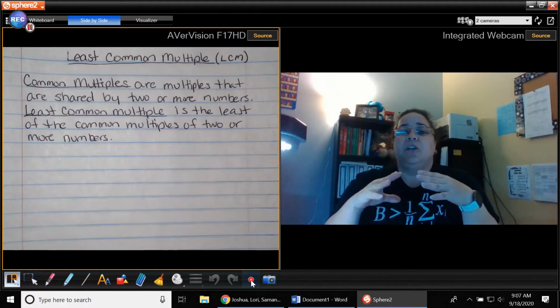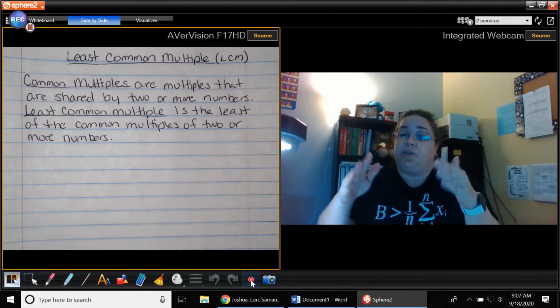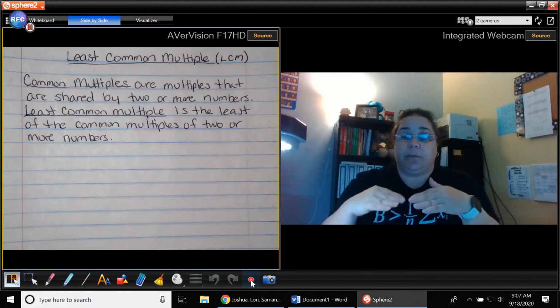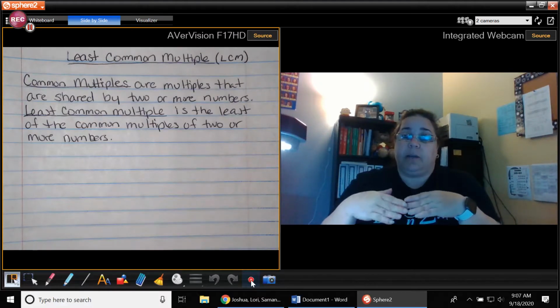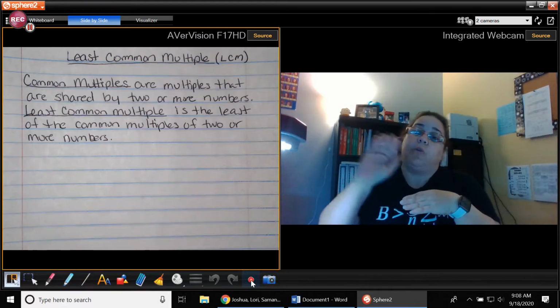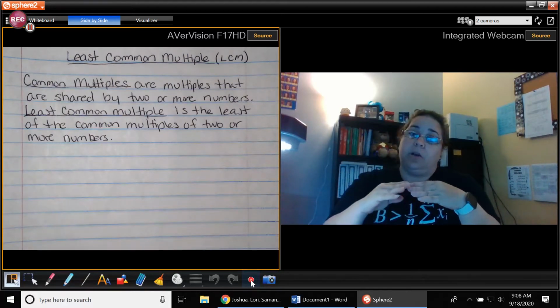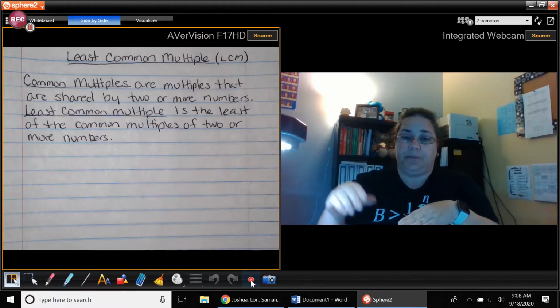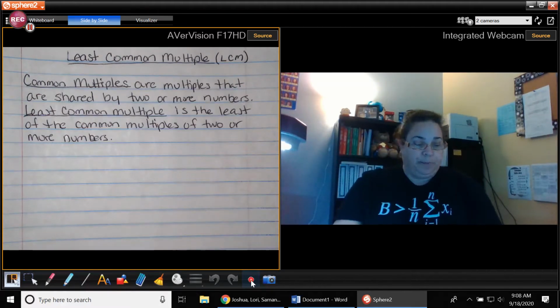So remember that factors usually tend to be smaller. Multiples are when we're multiplying our starting number times other numbers. So our number is growing. Okay, so our multiples tend to get bigger.